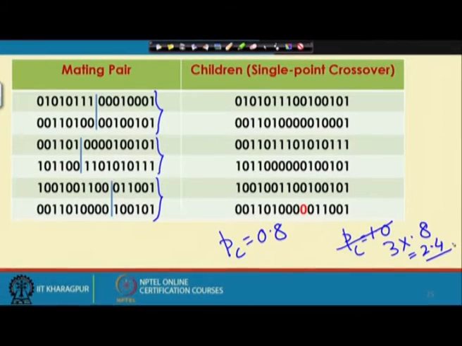That means either 2 or 3 mating pairs, probabilistically, are going to participate in crossover. But here fortunately, we have taken that Pc is equal to 1.0. So, all 3 mating pairs are going to participate in crossover.